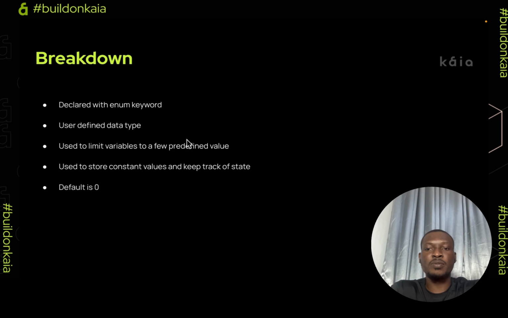So the major use case for an enum is to limit variables to a few predefined values, right? You can also store constant values and keep track of state. So like I mentioned for the purchase enum, you can check if it has actually been bought or it has been paid for and all of those things. Also for an enum, the default value is 0.